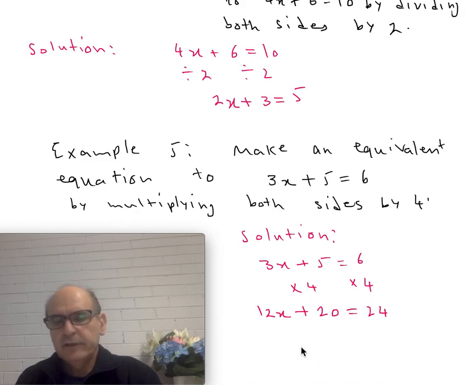That is how we get equivalent equations. But the aim of this is to use equivalent equations to solve an equation and end up with x equal to a certain value, which is the solution. So we are not going to get equivalent equations randomly.